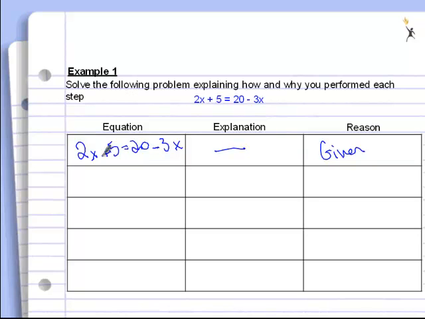But now let's look at it. The first thing that we're going to want to do to solve this is do what? Hopefully you remember that we want to move all our variables to one side. I'm going to want to move them all to the left. So I'm going to add 3x to both sides.